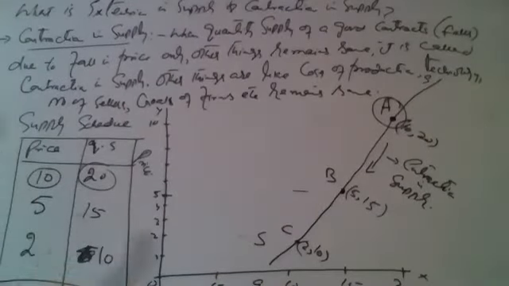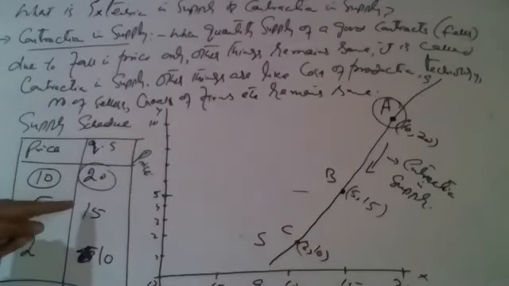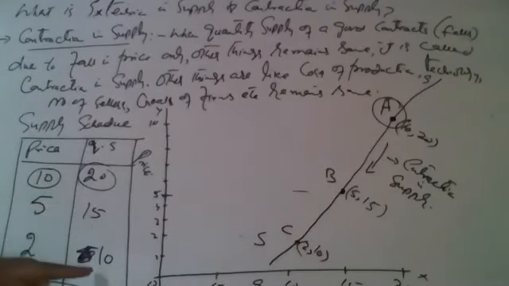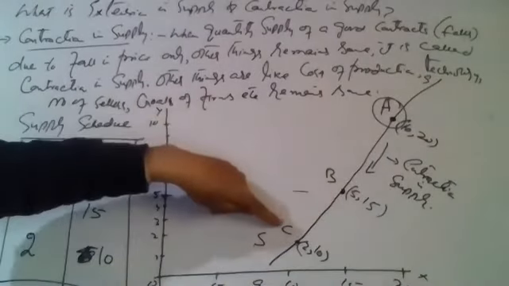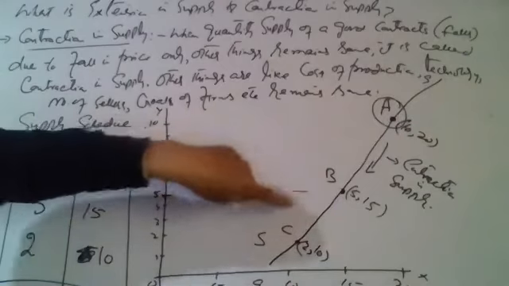And again, when price falls from rupees 5 to rupees 2, the quantity supply falls from 15 to 10 units, and we move again from point B to point C on the same supply curve.